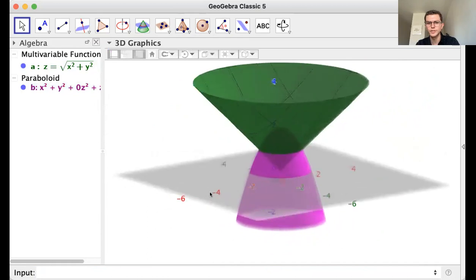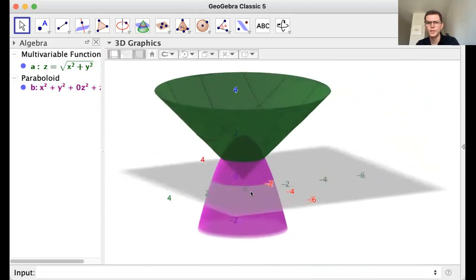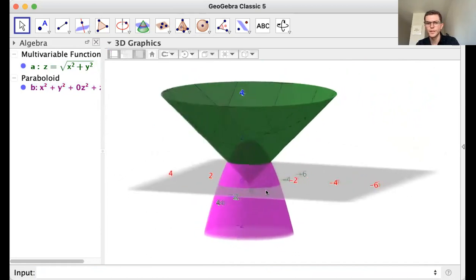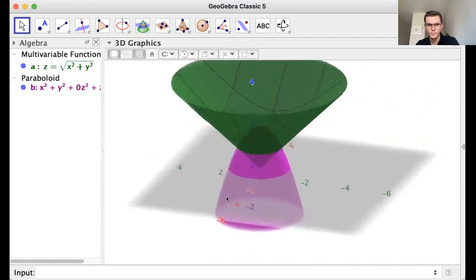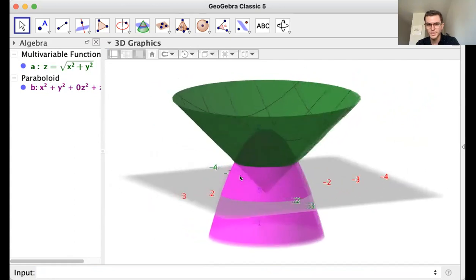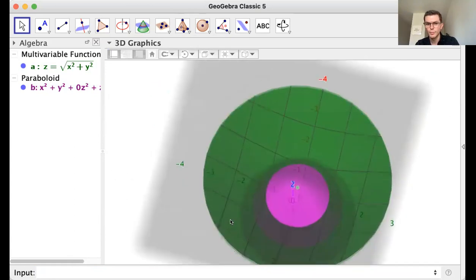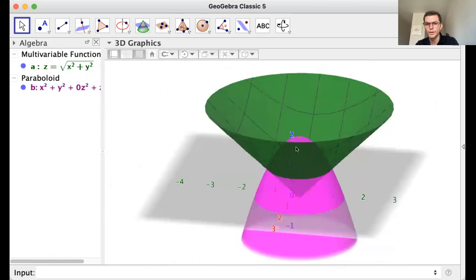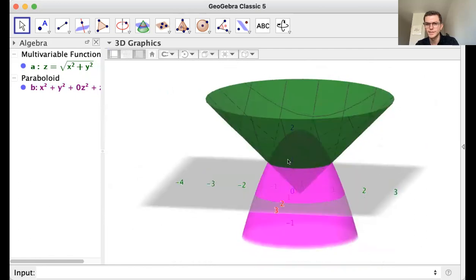So you see there's some region, the stuff that's above the cone but below the paraboloid, right? This thing in between the two surfaces, that's where the integral is taking place.